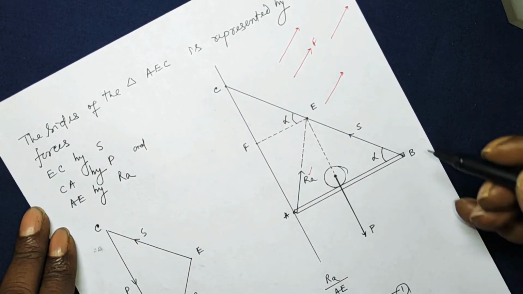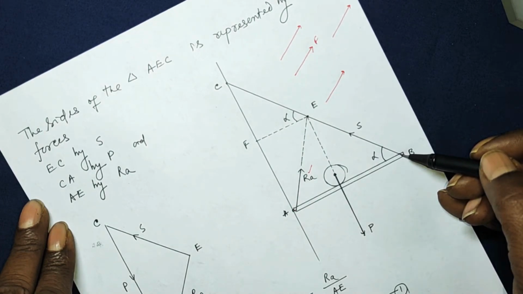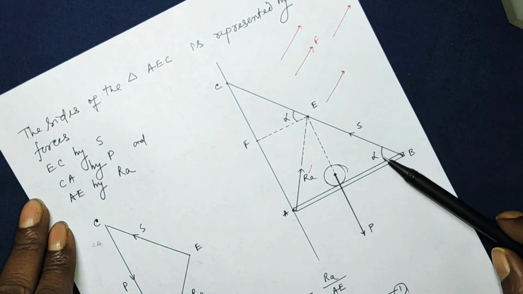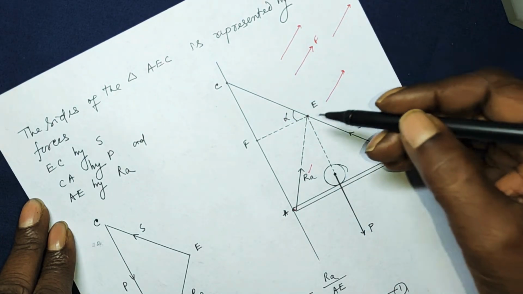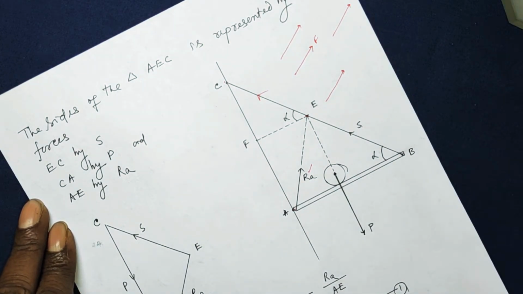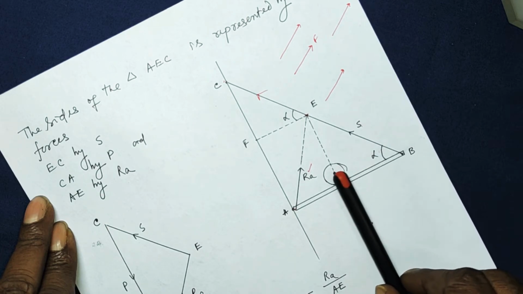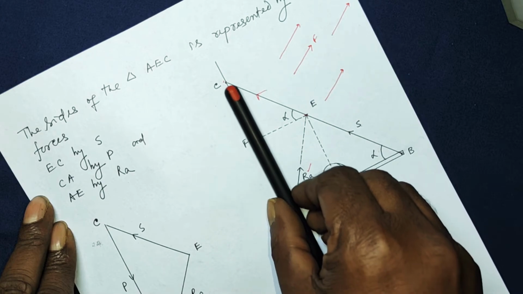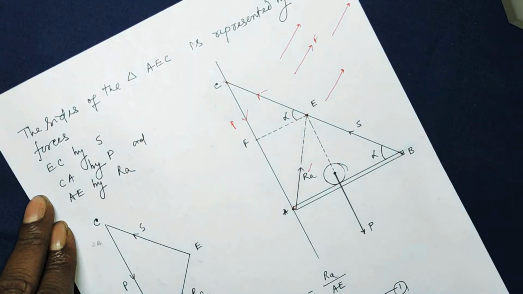Now, this S, which is pointing from point B towards C, I can shift parallel to itself and show it at E, pointing from E to C. And I can shift this load P parallel to itself and show it at C like this.